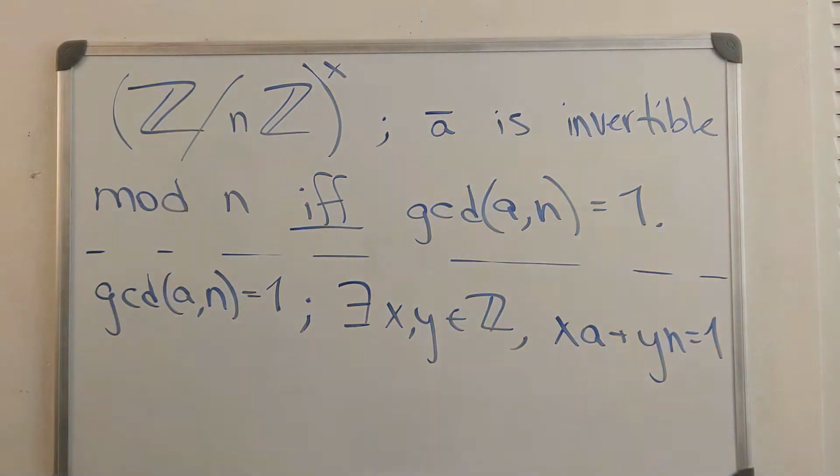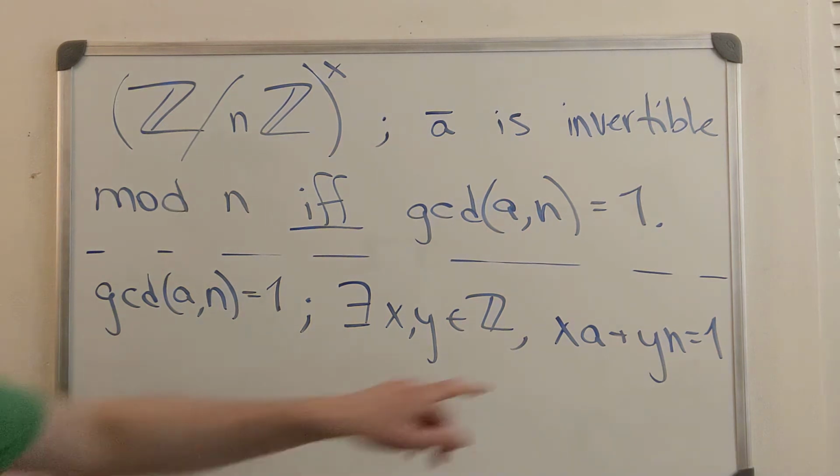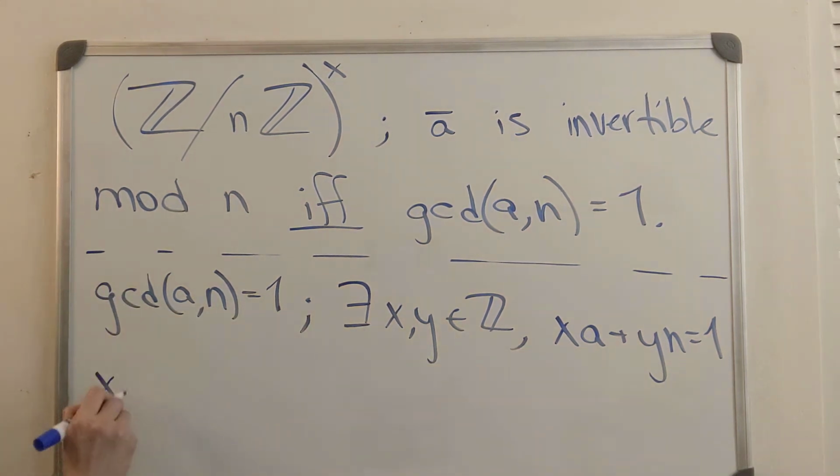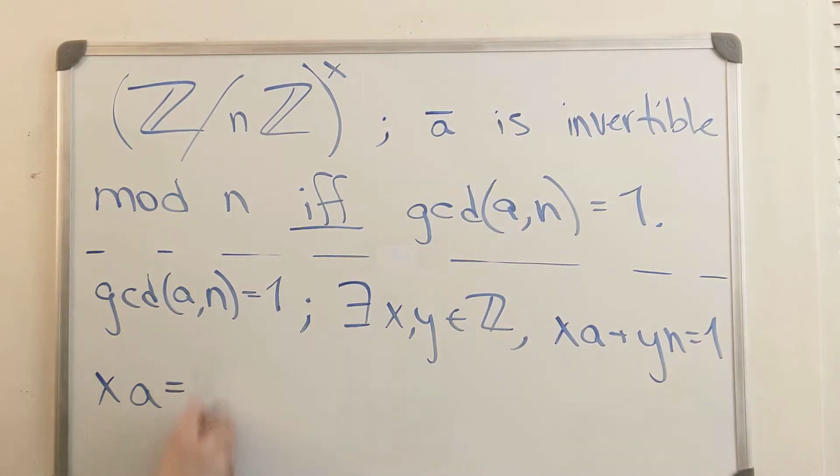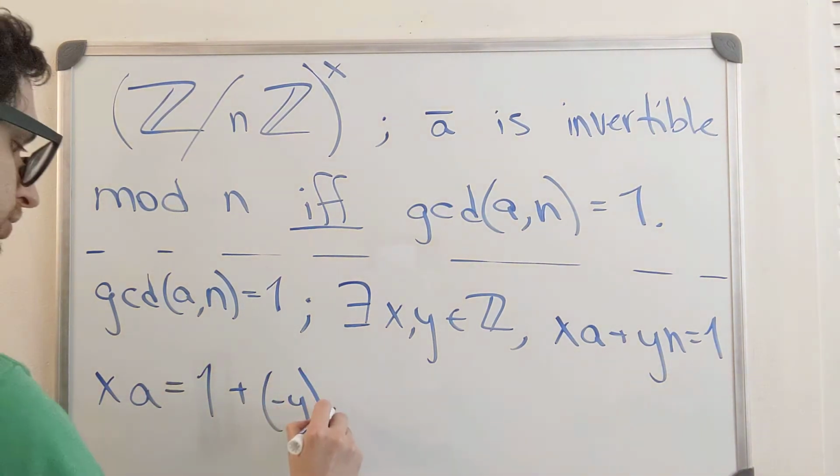And then I will rearrange this equation to simply read xa equals 1 minus yn. But I'll suggestively write it as 1 plus minus y, which is just some integer times n.